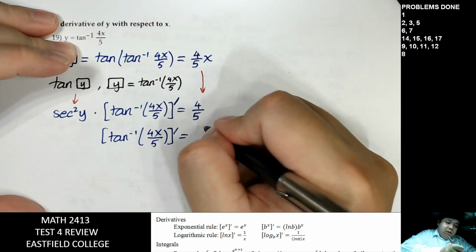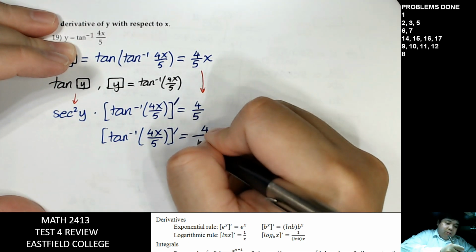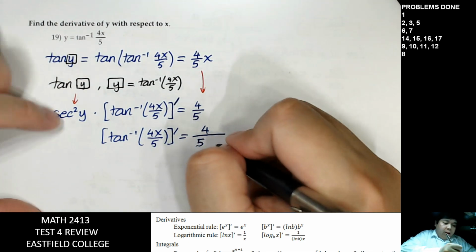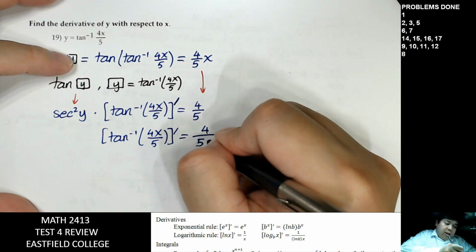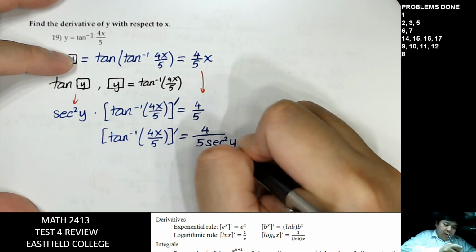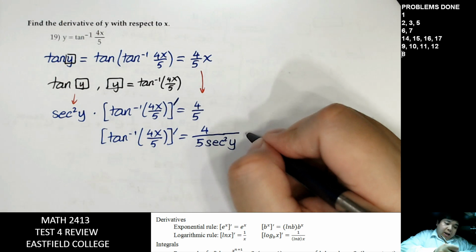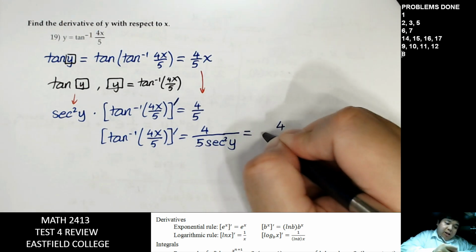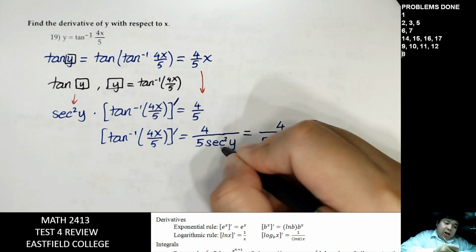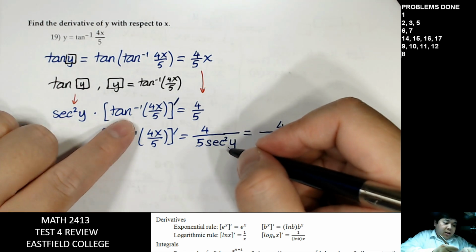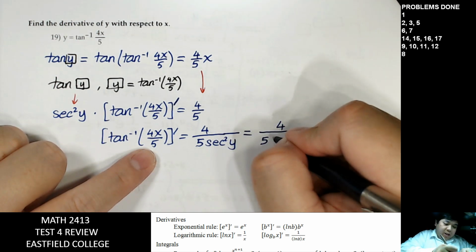And divide by the secant square here. Like that. Now we just need to simplify. The secant square, the secant is secant.